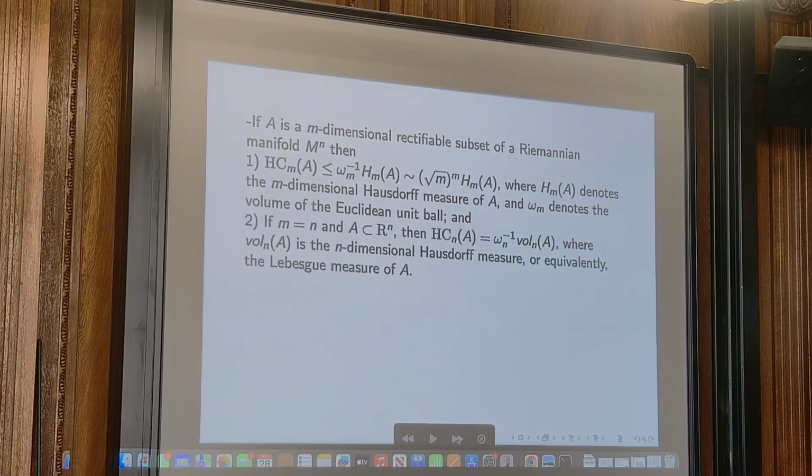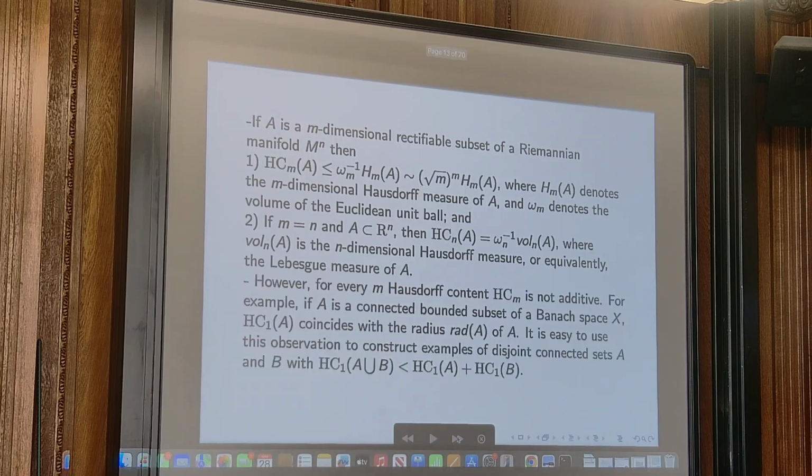Now, if we apply those definitions to domains of R^n, and if m is equal to n, then essentially Hausdorff content up to rescaling is the same as the volume or Hausdorff measure of the set. Essentially because we could take larger balls and subdivide them into smaller balls without any harm.